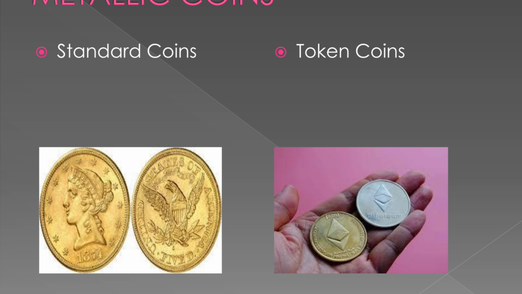Now we will see token coins. What are token coins? Token coins are those whose face value is higher than their intrinsic value. These coins are made of cheaper metals like aluminium, nickel, etc. These coins are of lower denomination and generally used in settling smaller transactions.